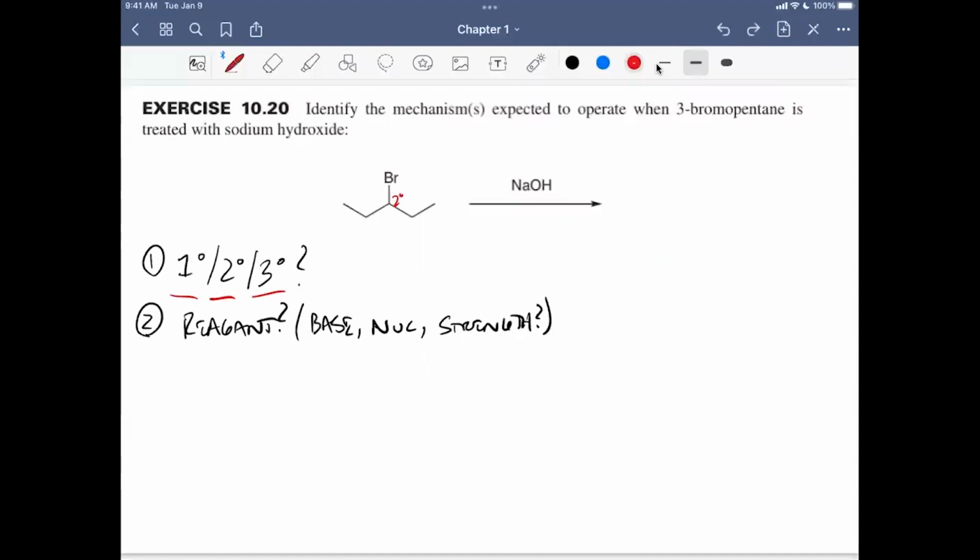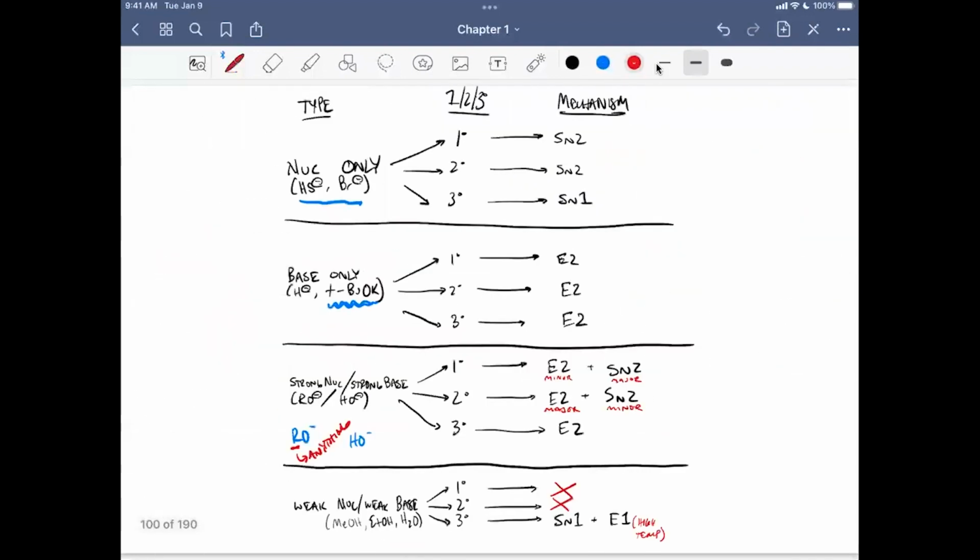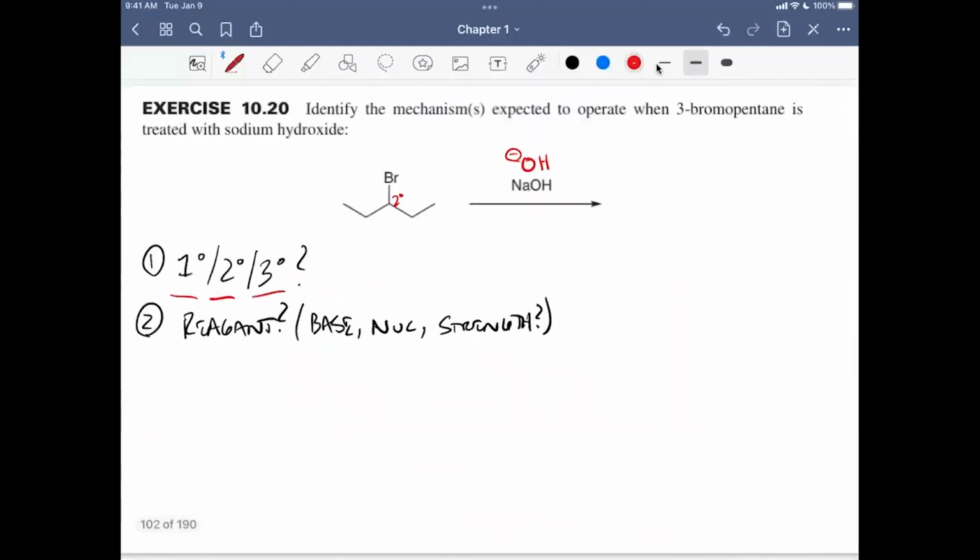Well, we really have to look at the reagent and decide if it's strong or weak as a nucleophile or base. This is NaOH, or it can be shown as OH minus. If it helps to check back in your notes, OH minus is a strong nucleophile and strong base.